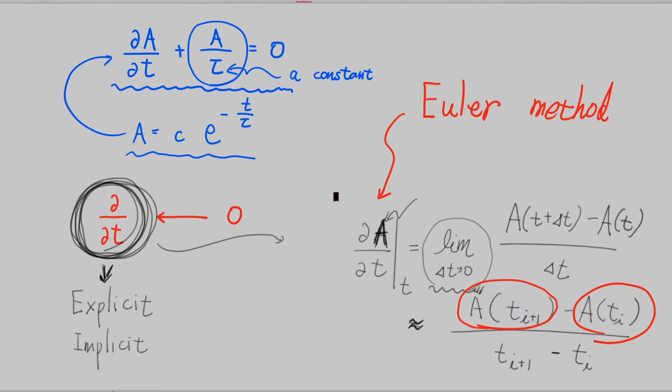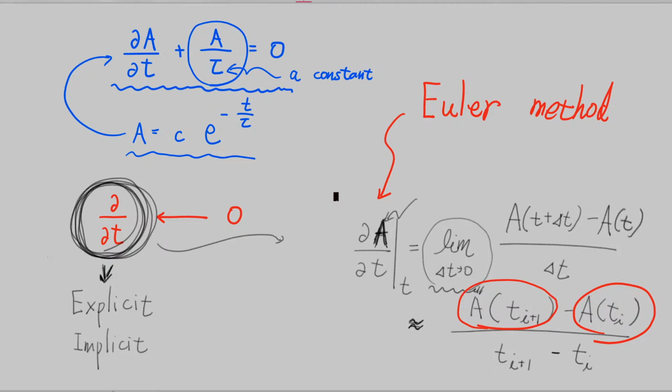Then you will find that the time derivative leaves A itself multiplied by minus 1 over tau, and that cancels out the second term, so you can easily understand that it really satisfies the differential equation.